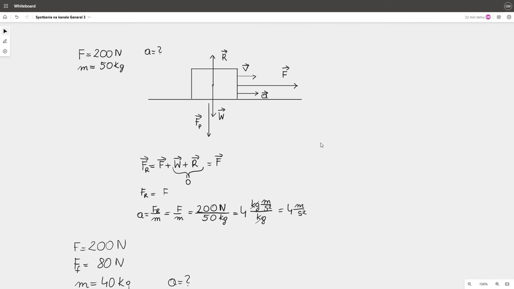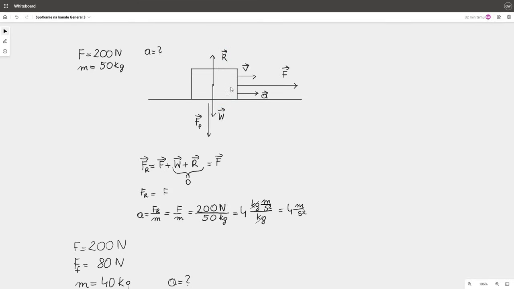Now, if we add external force F, you can see it here, in horizontal direction, then we have all forces that acted before and which balance each other, and external force, which is now resultant force. We have the same forces as before here.